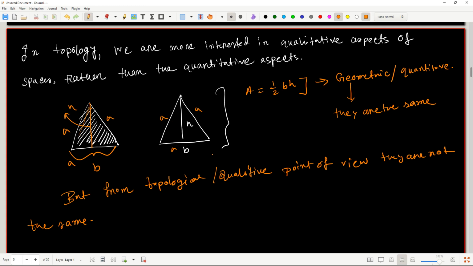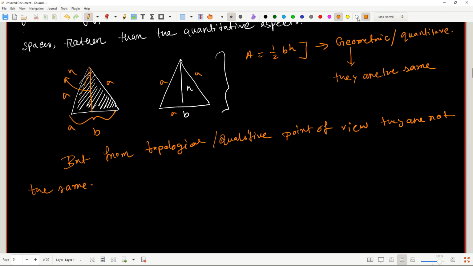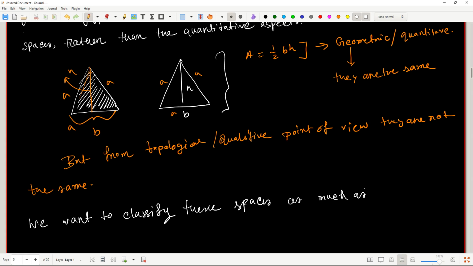So our goal is actually to classify this type of spaces as much as possible. So we want to classify these spaces as much as possible.